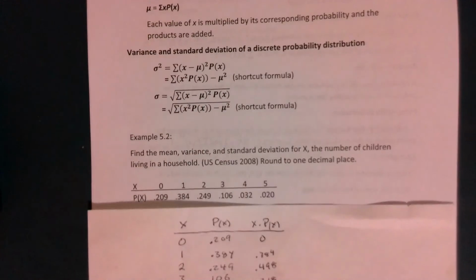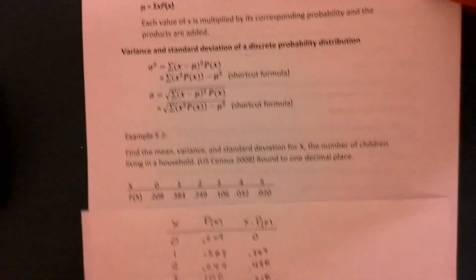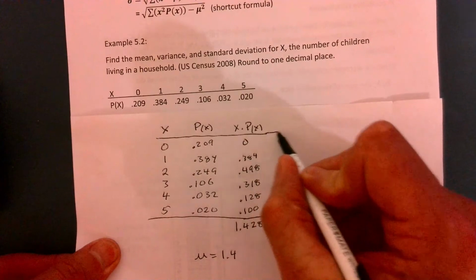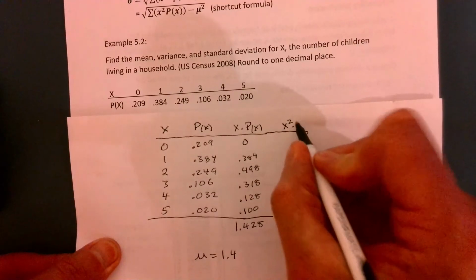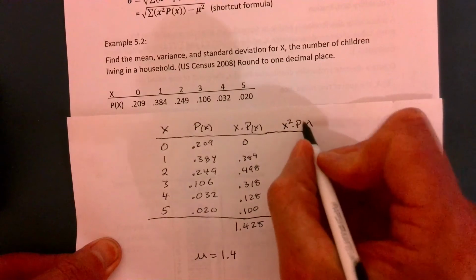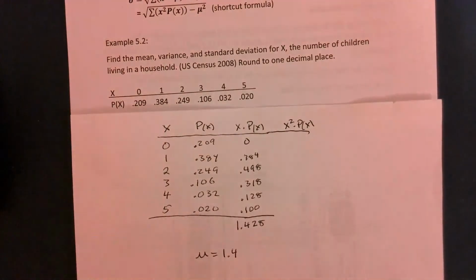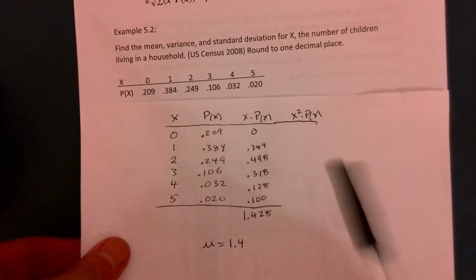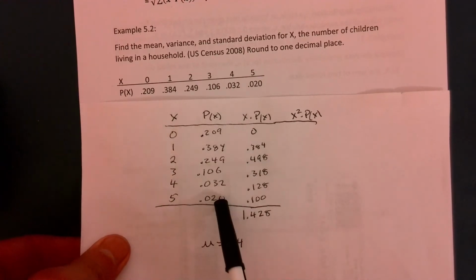Okay, so what we need is the sum of x squared times p of x. To find x squared times p of x, we'll make a new column, x squared times p of x. What we need to do now is square each x value and then multiply by p of x.